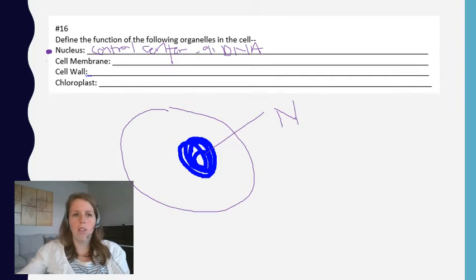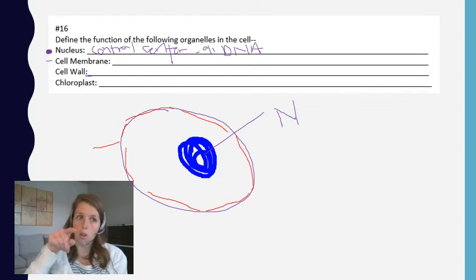Now, what about the cell membrane? What do you guys think about the cell membrane? Where is it? It's already drawn on this cell that I've just drawn below, but it is right here. It's the purple outline, okay? It is this whole outer layer, right? And I want you guys to always think of this just like the walls in your house.